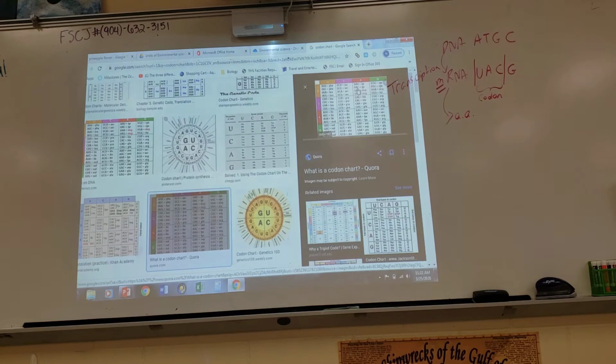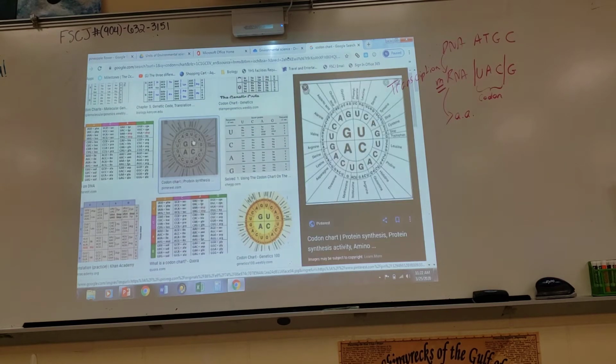UAC, right? 9 o'clock, 12 o'clock, 3 o'clock. That's tyrosine, or using this circular chart, UAC, tyrosine.